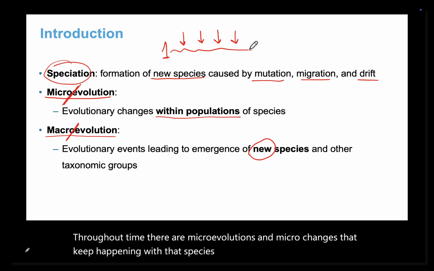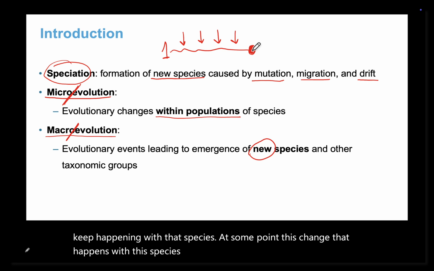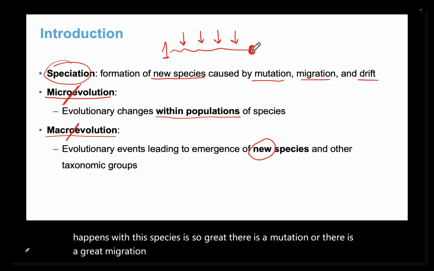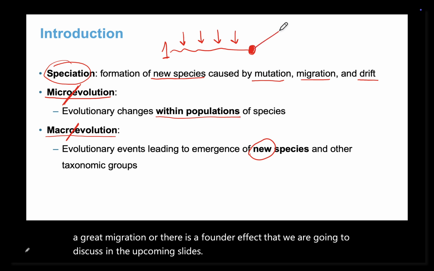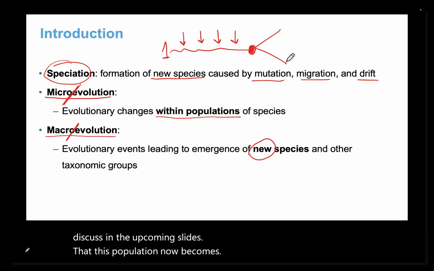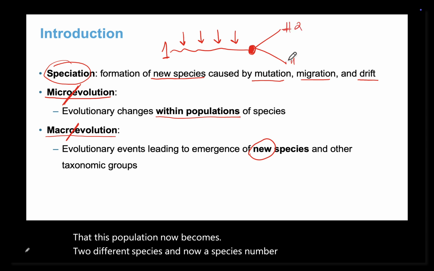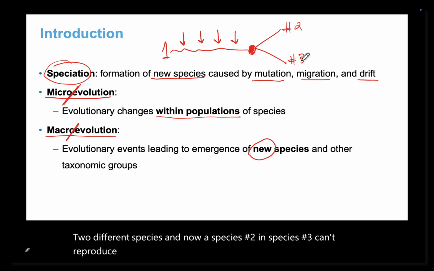At some point, the change that happens with this species is so great, there is a mutation, or there is a migration, or there is a founder effect that we are going to discuss in the upcoming slides, that this population now becomes two different species. And now species number 2 and species number 3 can't reproduce anymore. There is a reproductive isolation between those two species.